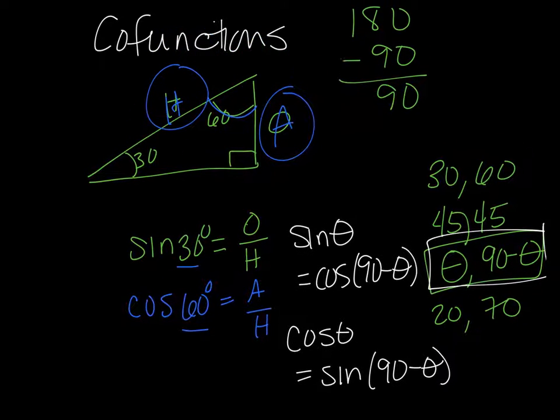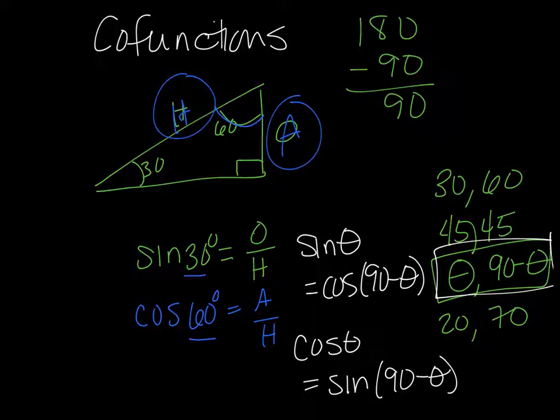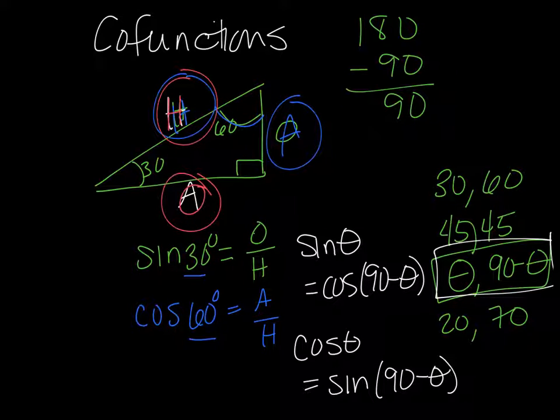Because if we look back here again, cosine of 30 degrees is adjacent over hypotenuse, and sine of 60 degrees is opposite over hypotenuse, and once again we talked about the exact same sides. Okay, so again we've got the sine equaling the cosine of the other angle, and then we also have that for tangent.